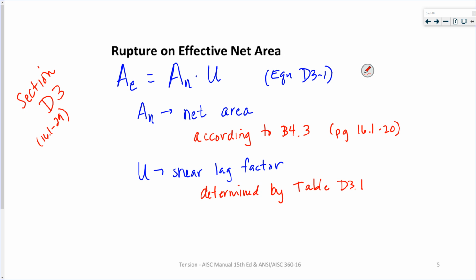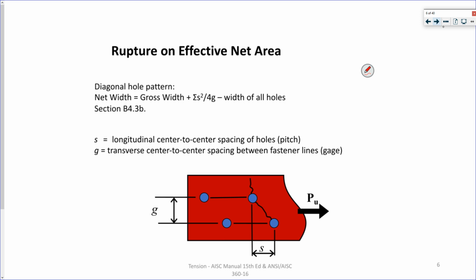So this is for a diagonal pattern. It says for a chain of holes extending across any part, the net width of the part shall be obtained by deducting the sum of the diameters or slot dimensions from the gross width and adding s squared over 4g.